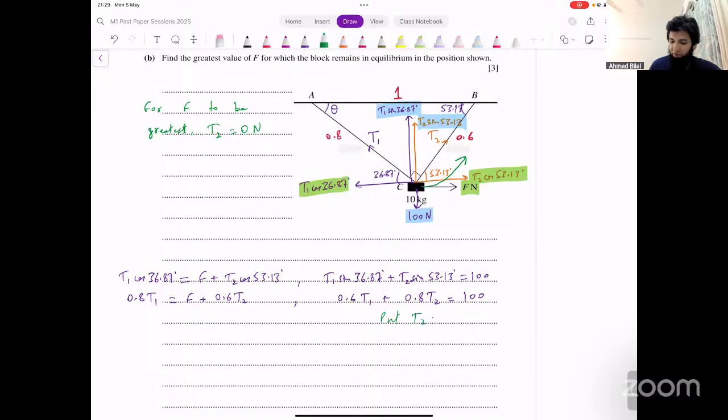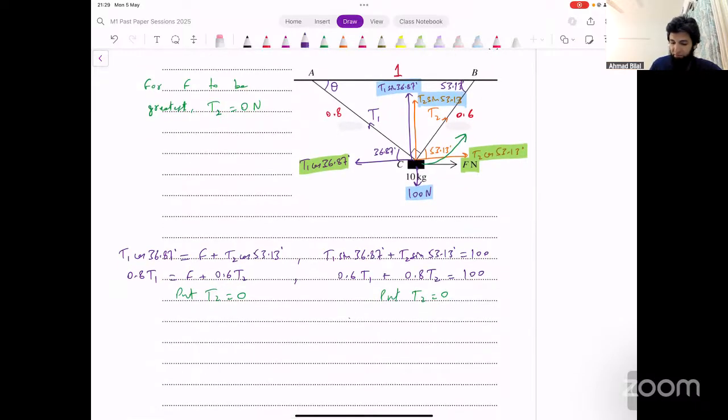When you input T2 equal to 0 here in both of these equations, now the second equation has fewer unknowns, so we can start with that first of all. That gives us 0.6 T1 plus 0 equals 100. And that's going to give us the value for T1. 100 over 0.6, that is 500 over 3, which is 166.67. That's T1. Input that in the other equation, and that will be 0.8 T1.